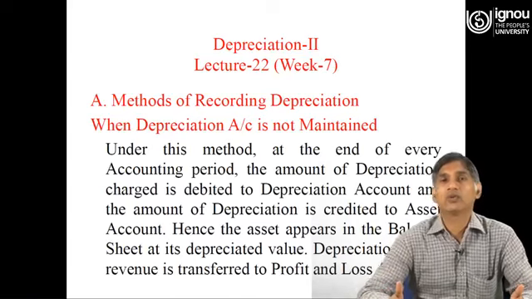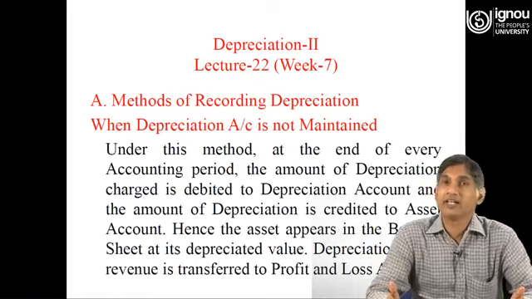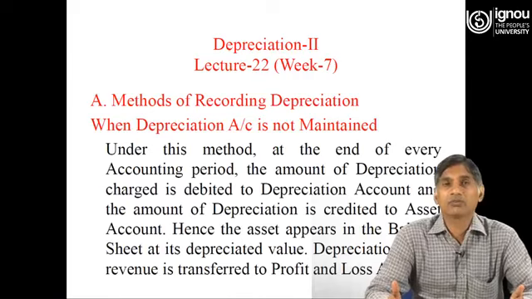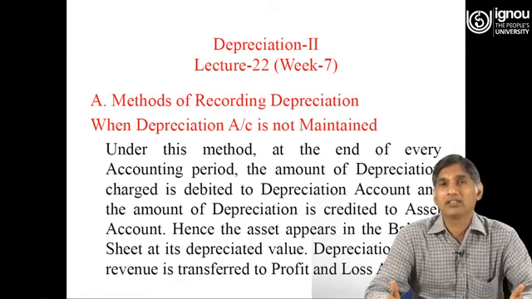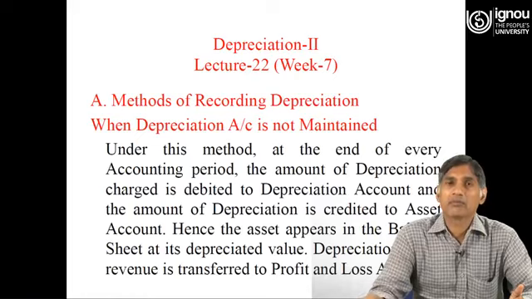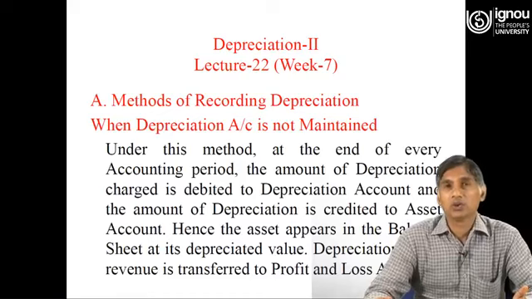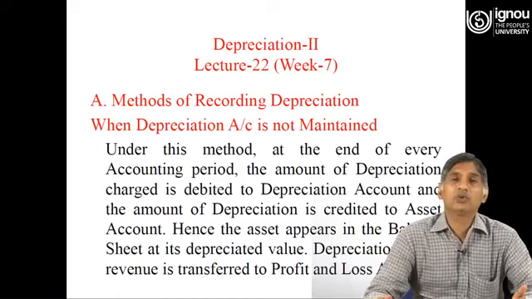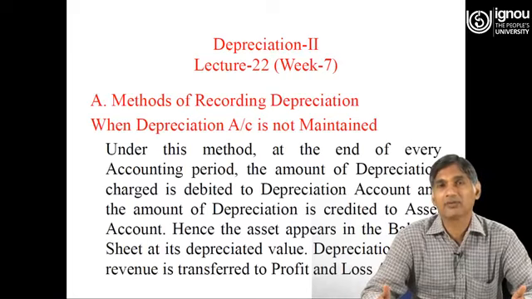Then next year again we will charge rupees 10,000 to profit and loss account, and in the balance sheet we will show the asset rupees 90,000 minus depreciation 10,000, so the book value of the asset is 80,000. So every year we will show the asset against its reduced value, its depreciated value.